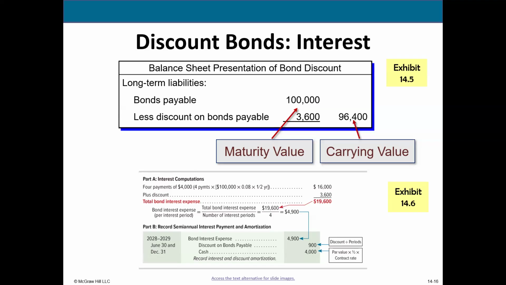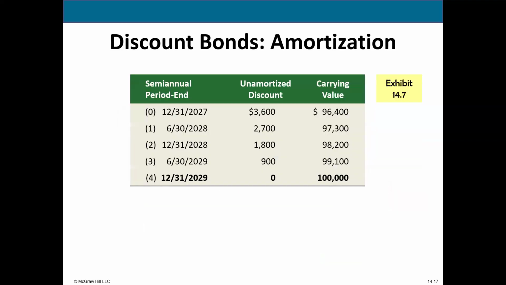Okay. The next thing I'd like to talk about is the amortization of bonds, which is oftentimes used in a table. Because we issued the bond at a discounted rate, we're adding back in the amortized amount each period for the 4 periods.